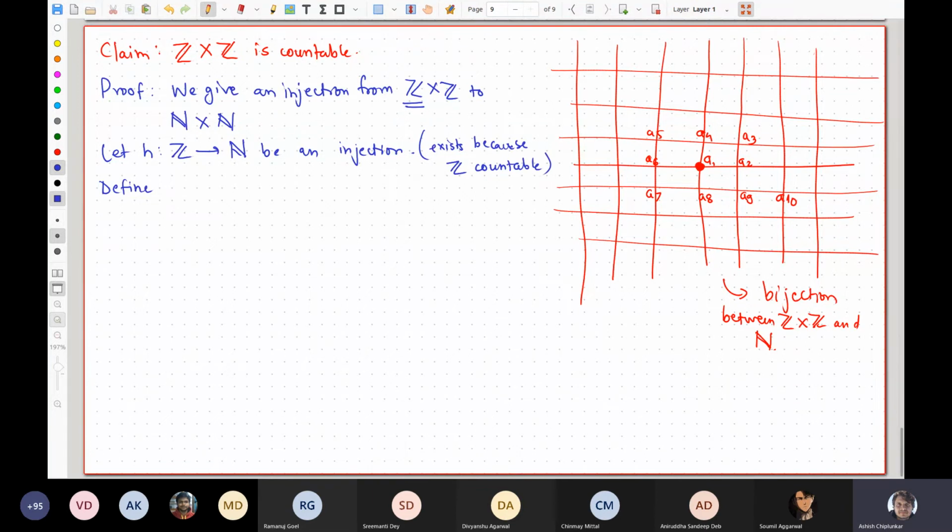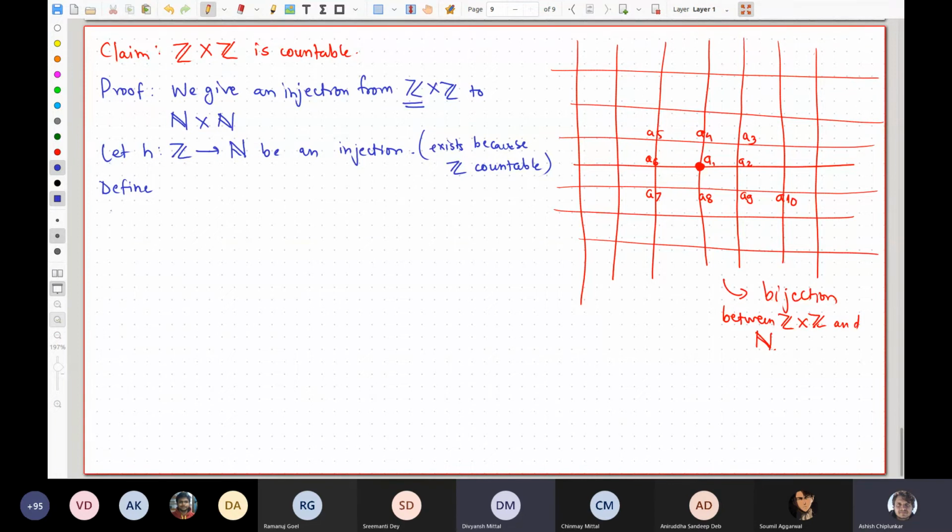Right, so now how do we define an injection from Z cross Z to N cross N using H? Yeah, Divyansh. If we have a positive K, we can map it to 2K in N, and for a negative K, we can map it to 2K plus 1.